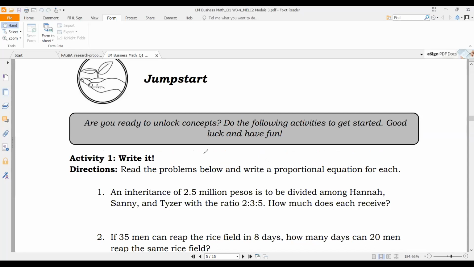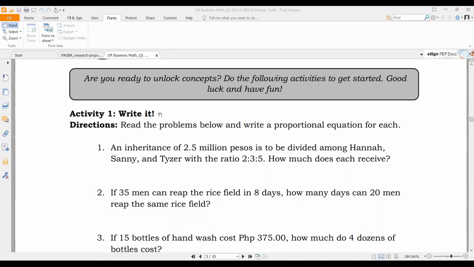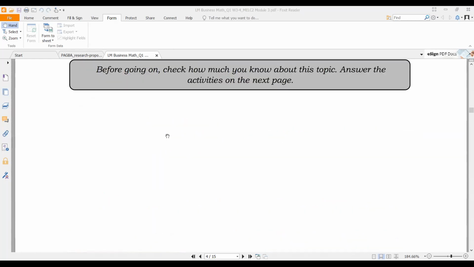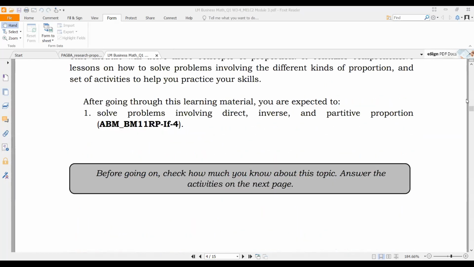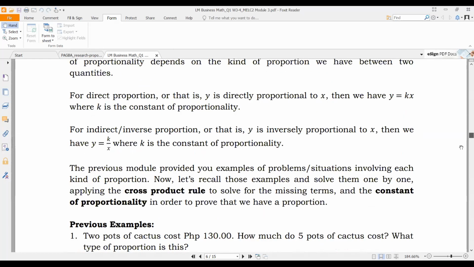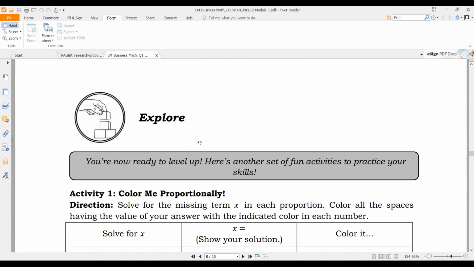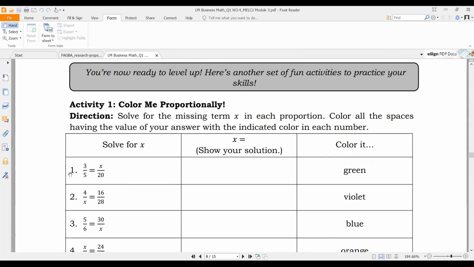So, based po sa pinasa ko sa inyong weekly home learning plan, ang sasagutan nyo po ang unang-una ay ang ating learning, explore activity number 1, which is kailangan mo lang hanapin ang value ng x by cross multiplication, tinuro ko kanina.